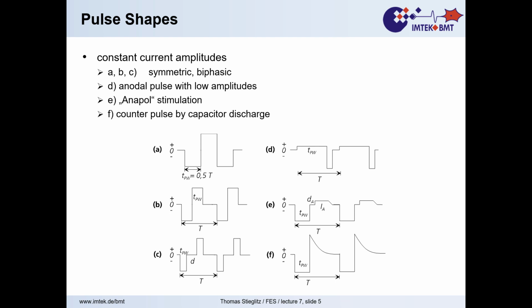Yes and no. The question is, where do we have the capacitor? If you take the electrode into account, then we have the phase boundary with that capacitive behavior. But the question here is, if we separate the stimulus pulse generator from the electrode, do we have in the stimulus pulse generator the second phase over a capacitive discharge, or do we have a push-pull situation where we change polarity to do that?